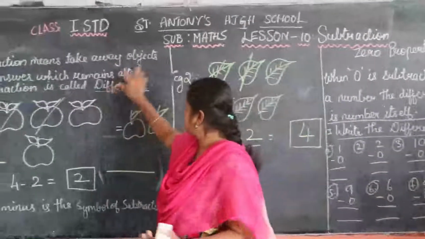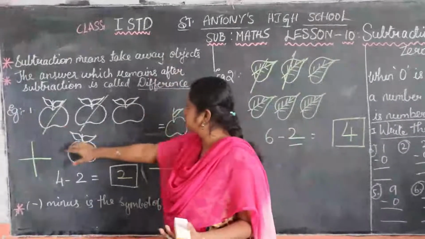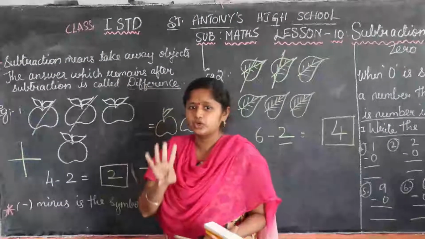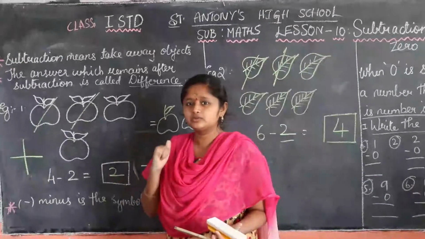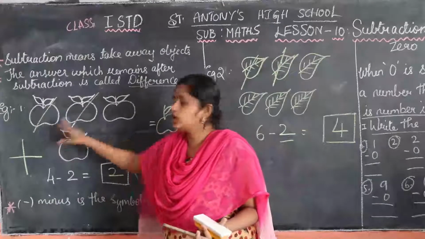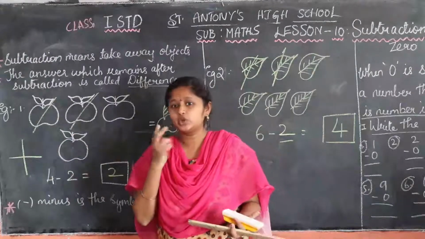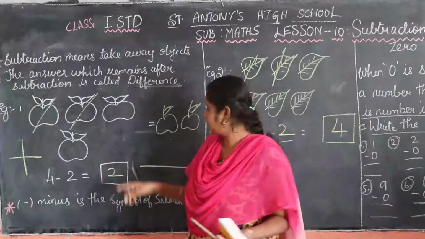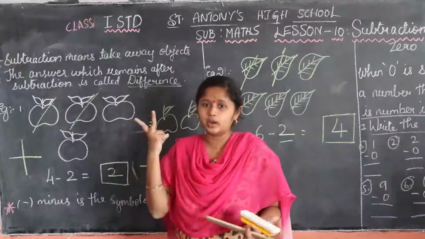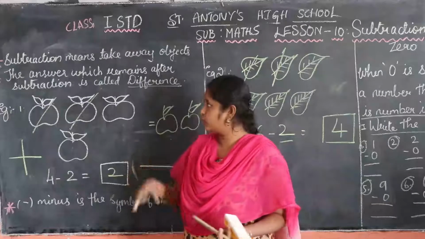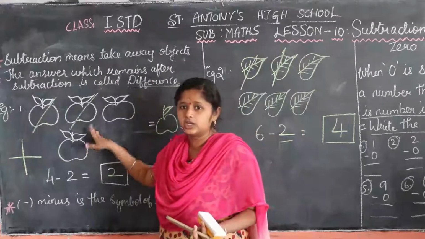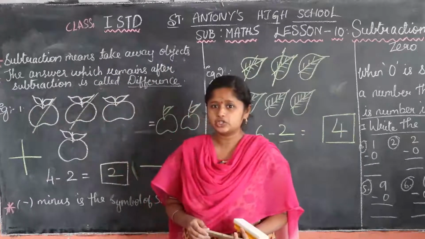Take away objects. Total 4 apples, we ate 2 apples, 2 apples remain. Taking away from the objects is called subtraction.